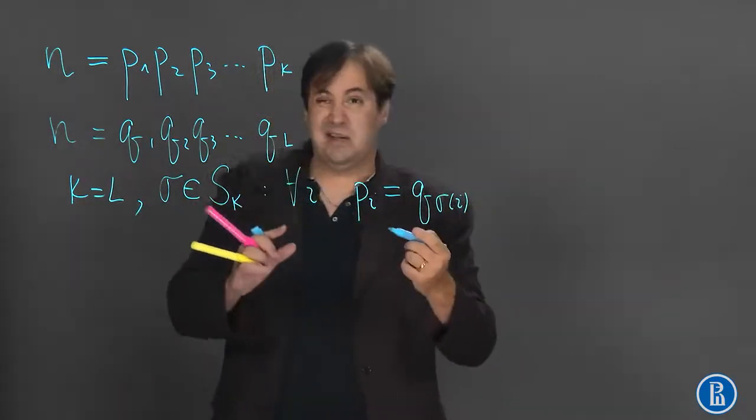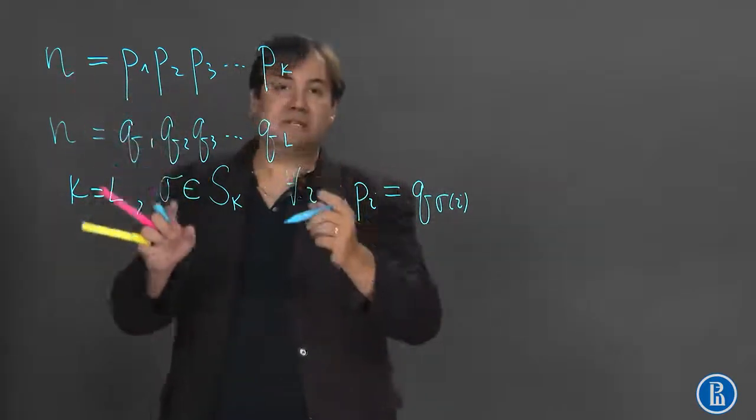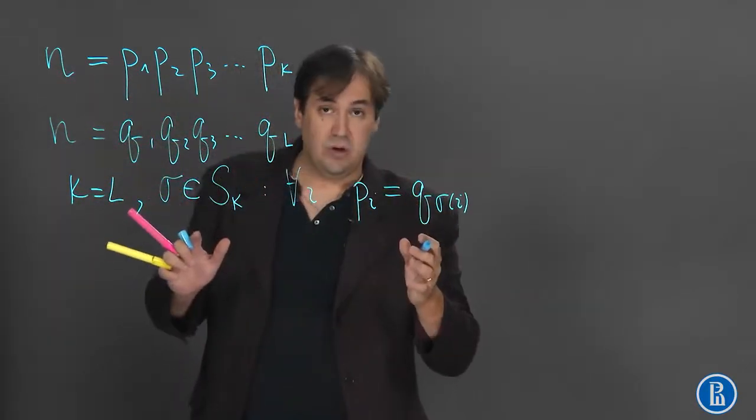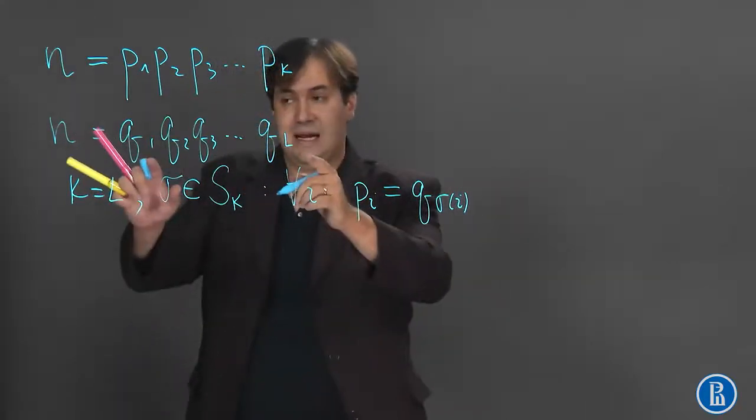So we do not know which element this is, but we certainly know that all these elements, when permuted in some order, must be equal to these elements.